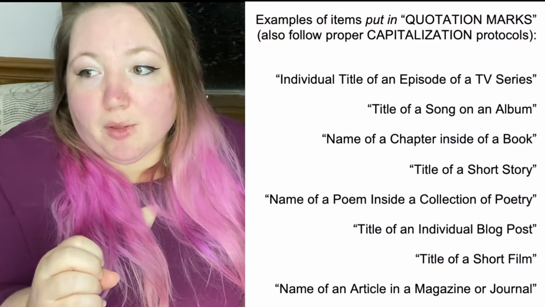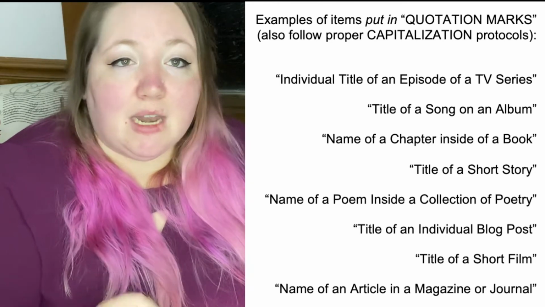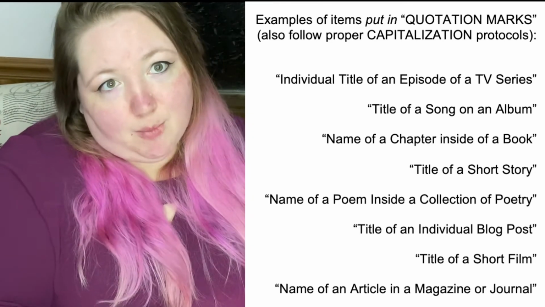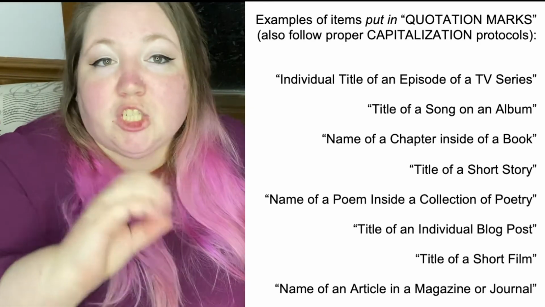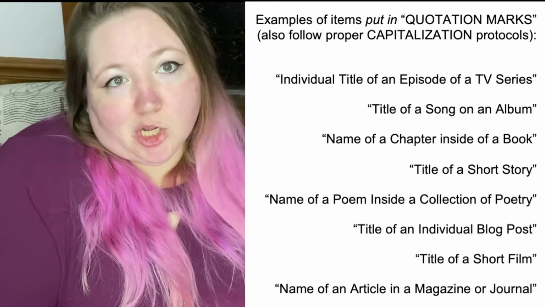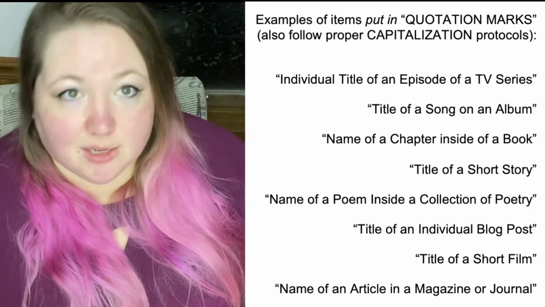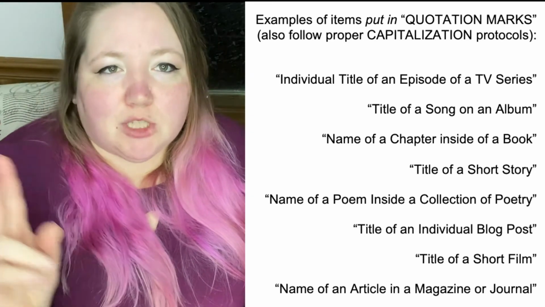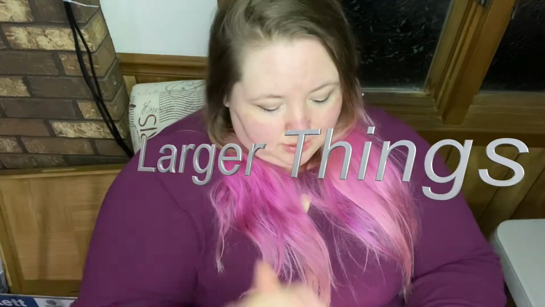So for example, the title of an episode of a TV series, the name of a song on an album, the name of a chapter inside a book, the name of a poem inside an anthology of poetry, etc. So smaller things, quotations; larger works, italicized, okay?